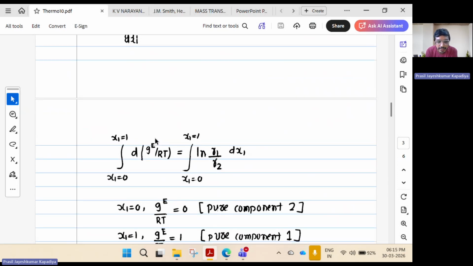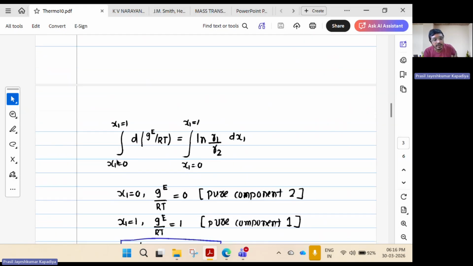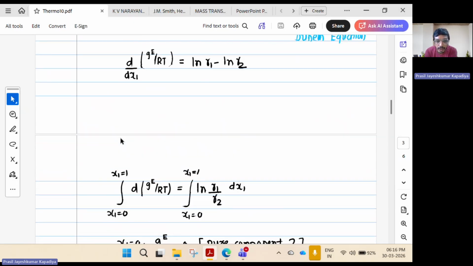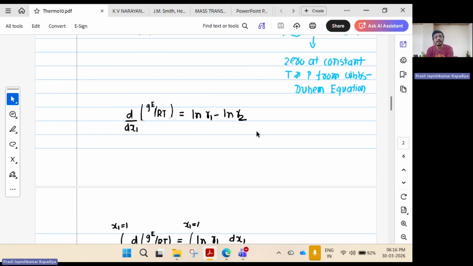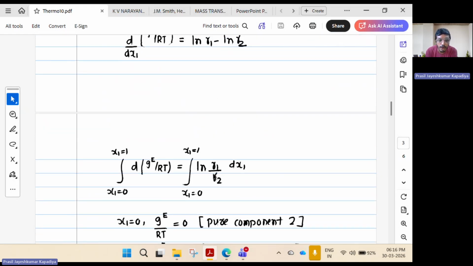If I integrate this from x1 equal to 0 to x1 equal to 1, I can write the differential of G by RT from the lower limit x1 equal to 0 to the upper limit x1 equal to 1 for ln gamma 1 minus ln gamma 2. Since ln a minus ln b can be written as ln a by b, it is ln gamma 1 by gamma 2.